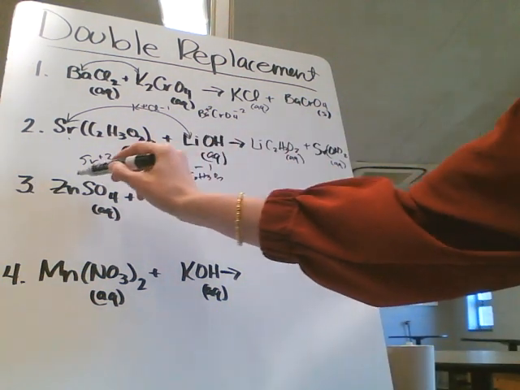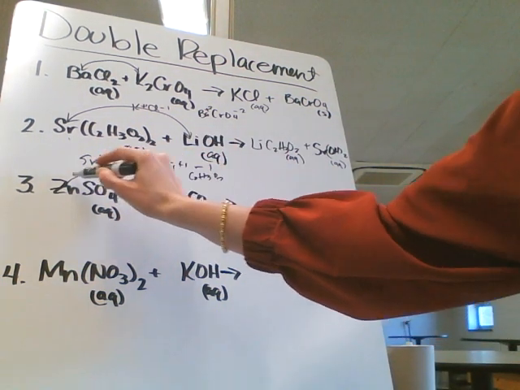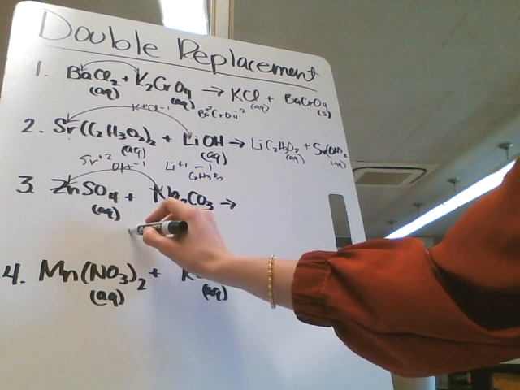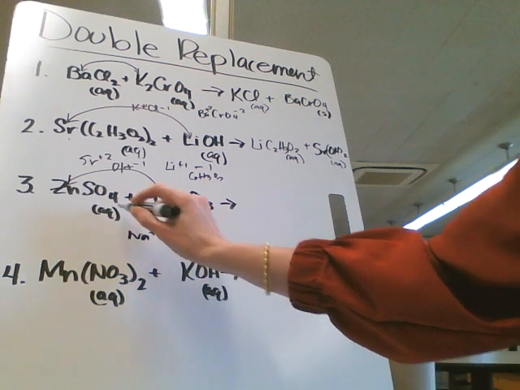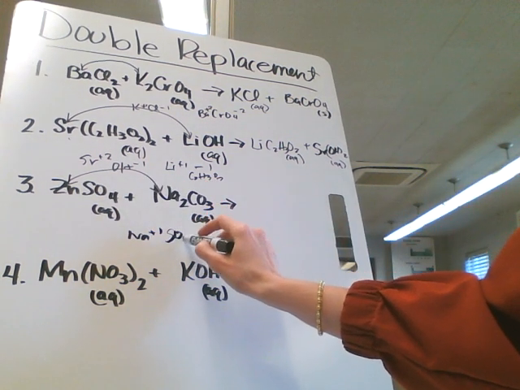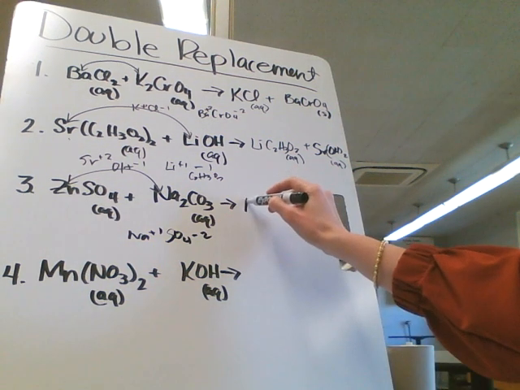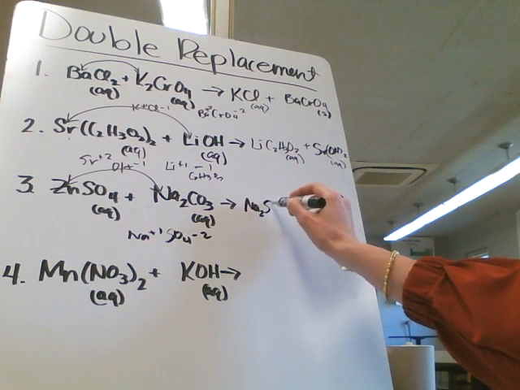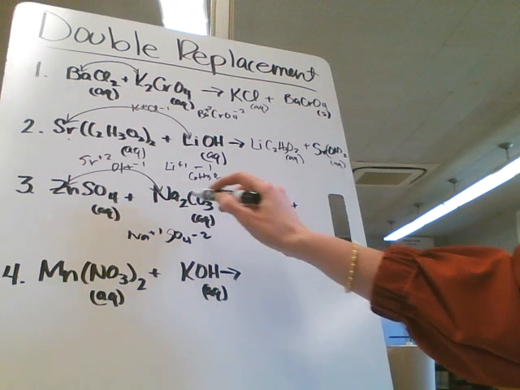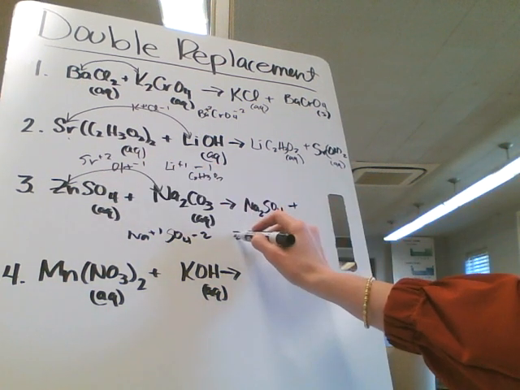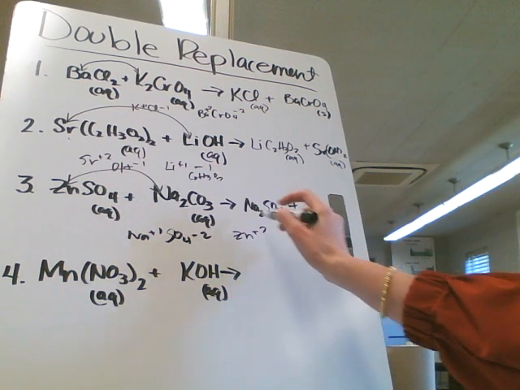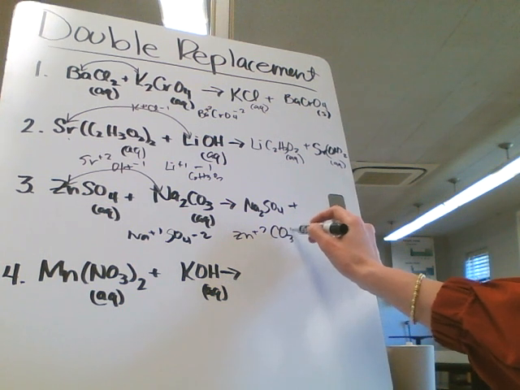Okay. Next, our zinc and sodium are switching spots. So sodium is +1, sulfate is -2, so we get Na2SO4. And then our zinc, which is +2, is going to go with our carbonate, which is -2.